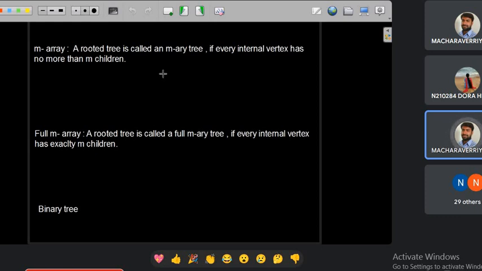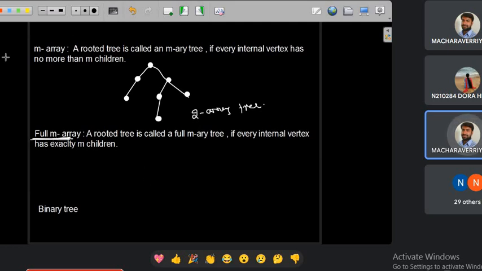Let me put one example here also. So this is an example of a 2 array tree. Now let us see what a full M array tree is. It means that every internal vertex has exactly M children.